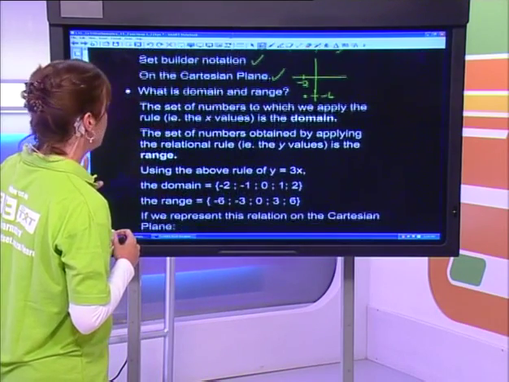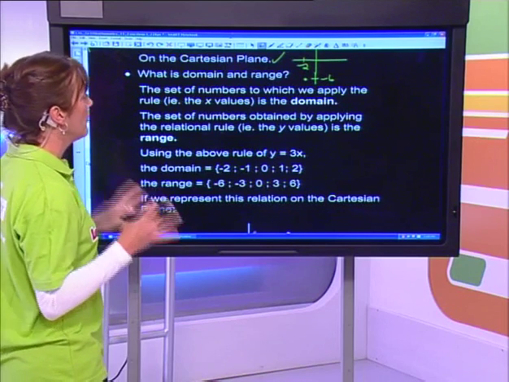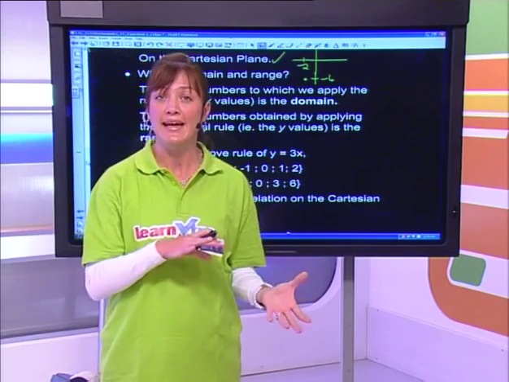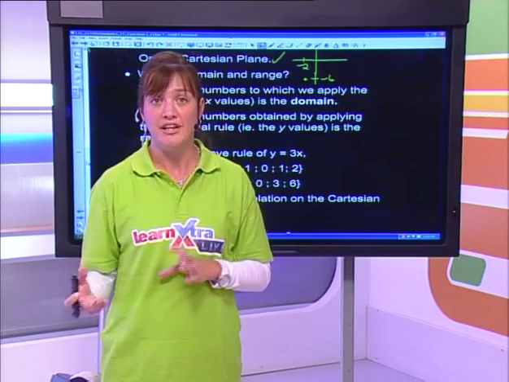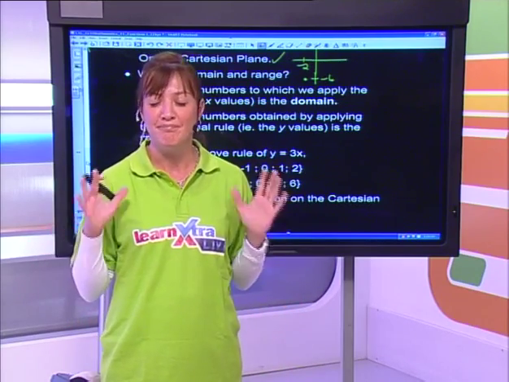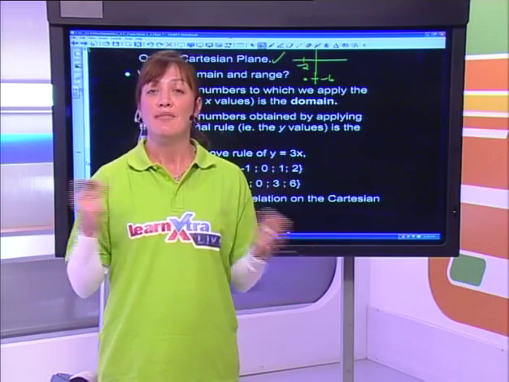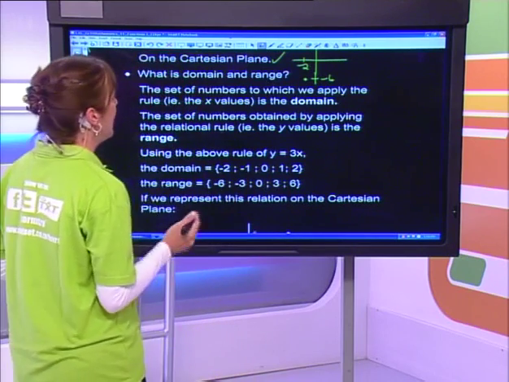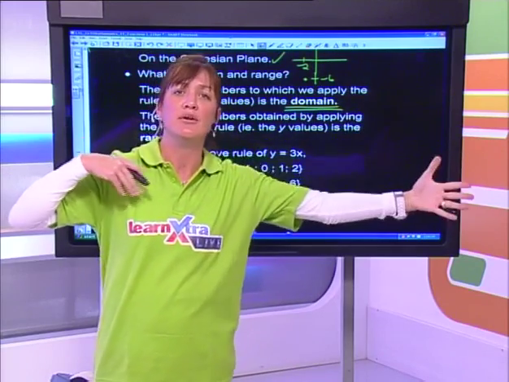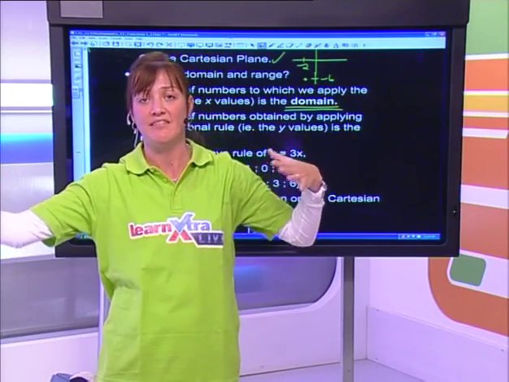Then we talk about two different concepts which we hear quite often when dealing with functions and relations, and I want to make sure you understand them: domain and range. For those of you who have done functions at school, I'm sure you've heard this plenty in class. Domain is all the x values that we span across in our set of numbers, from the lowest x value up to the highest x value.